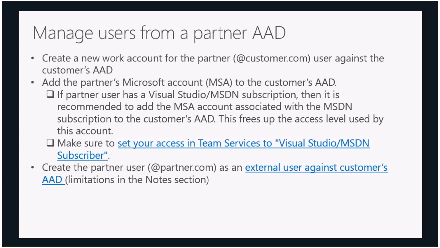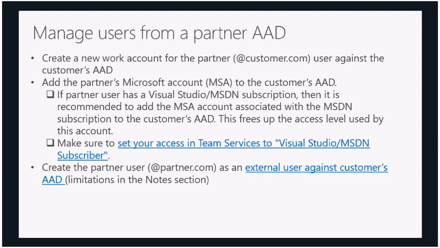So how should you be adding users from a different tenant or different Active Directory to your VSTS? One of the options is you can create a new work account for the partner against your tenant. As in, from the customer's point of view, the customers can create a work account for the partner at customer.com. In other words, you're actually creating a new user against your Azure Active Directory for each of the individual partner users that will be working on this particular project.